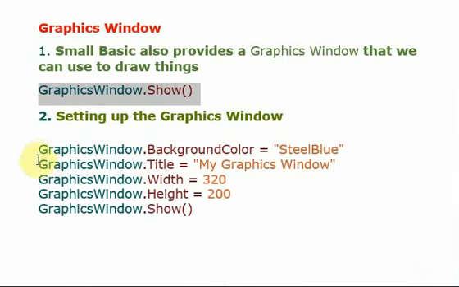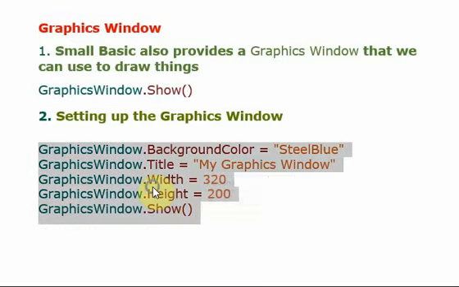Now here we are setting the graphics window background color to steel blue. For the graphics window title, here we are changing the title, and we are changing the width and the height. Now we'll apply these commands and see.